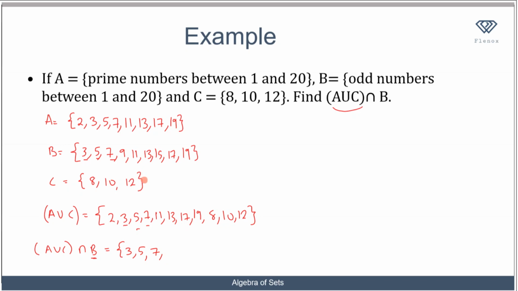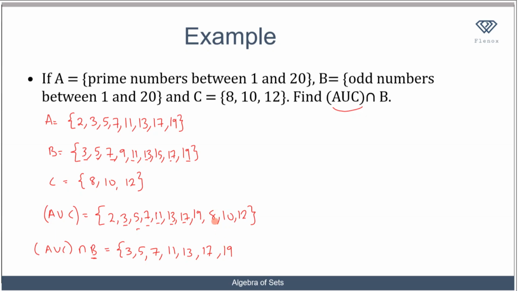9 is not. 11 is common to both of them, so we write out 11. 13 is common to both of them, so we write 13. 15 is not. 17 is common to both of them, so we write 17. And 19 is common to both of them, so we write 19.